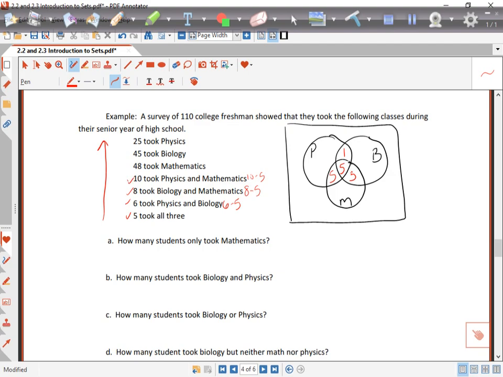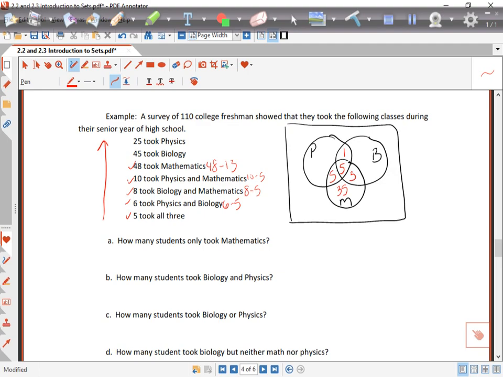Okay, now we have whole circles. 48 took math. So this whole circle needs to add up to 48. I've already used 13, so this will go 48 minus 13, and that gives me 35. Keep moving up.